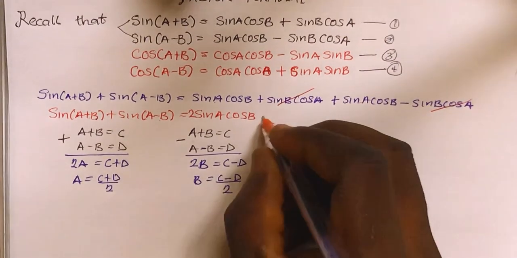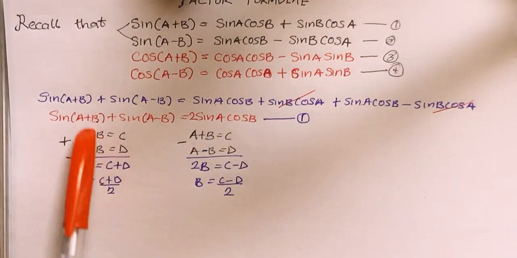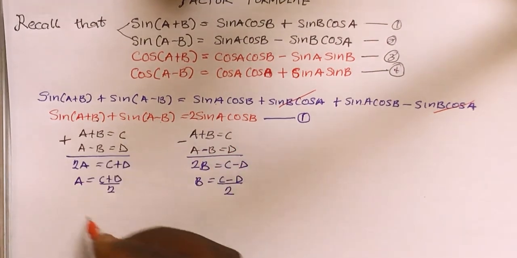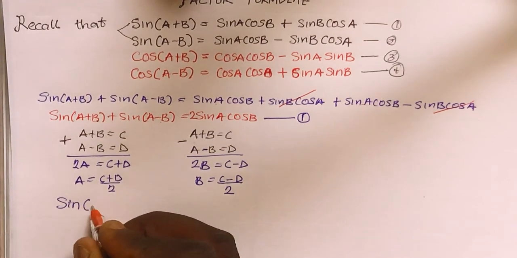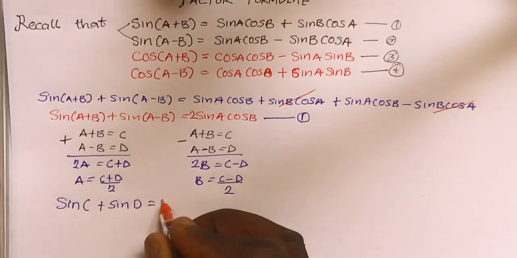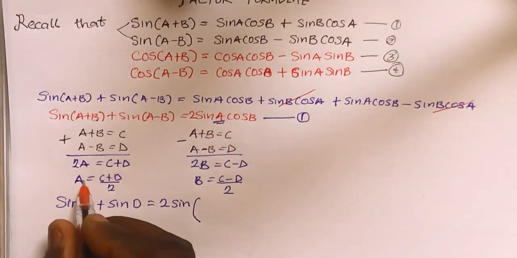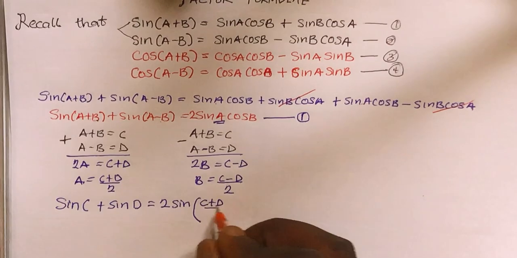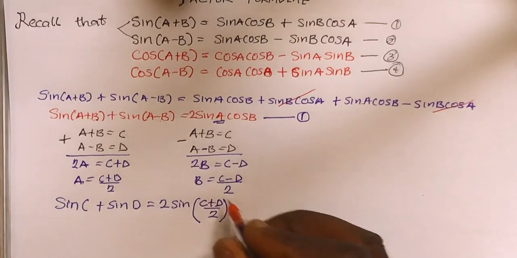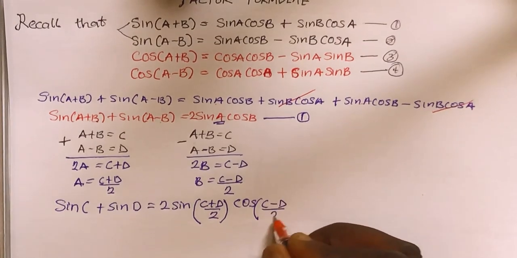So from this identity, I'll be replacing my A plus B with C, and my A minus B with D. So that sine C plus sine D equals 2 sine, open a bracket, the value of A, which is C plus D over 2, then cos, open a bracket, C minus D divided by 2.